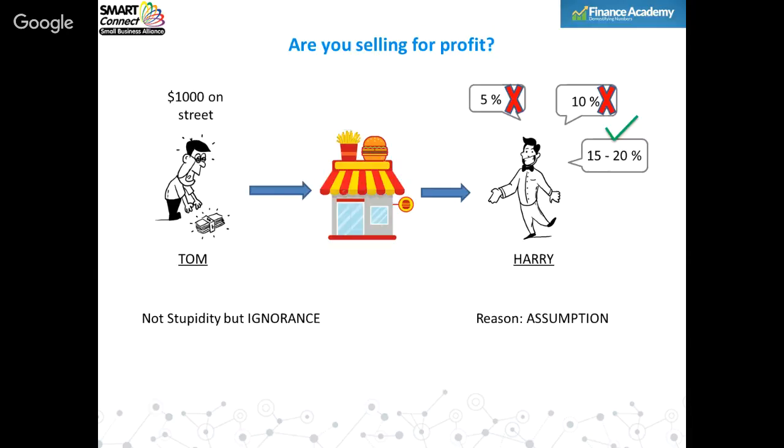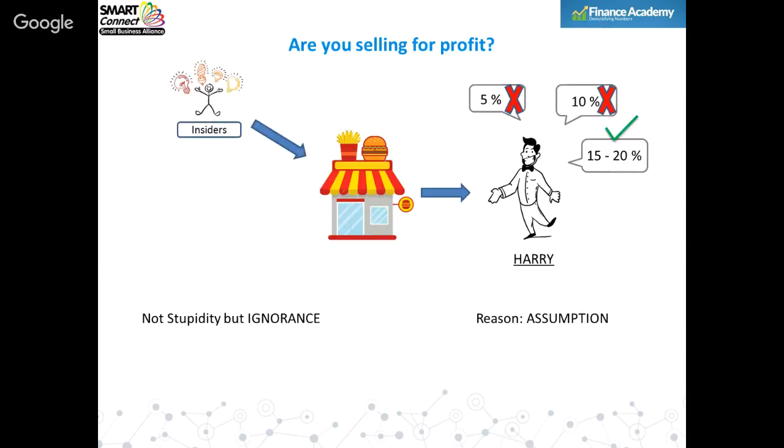Now, this particular shop has borrowed money not from one person. It usually borrows from three parties. One, it borrows money from insiders who are none other than owners, investors.